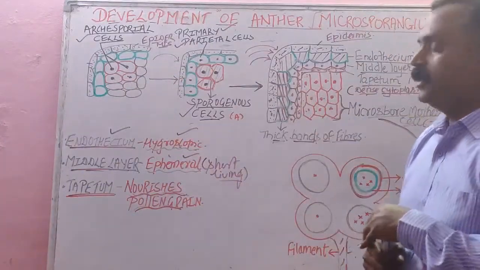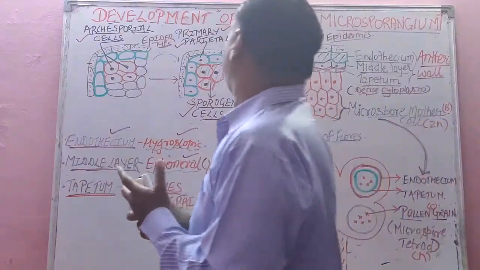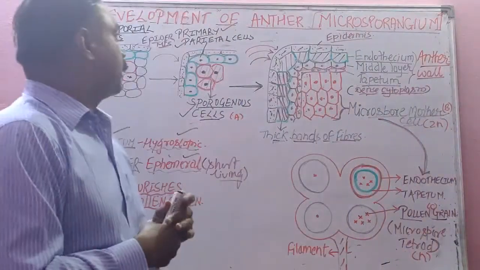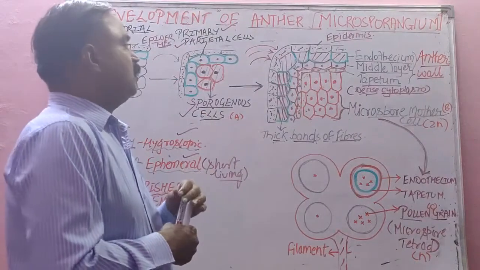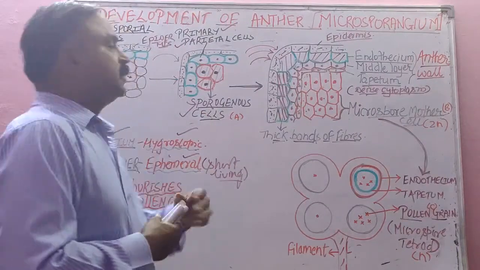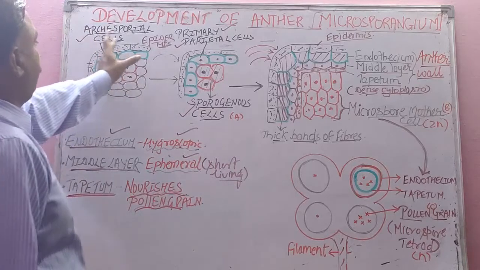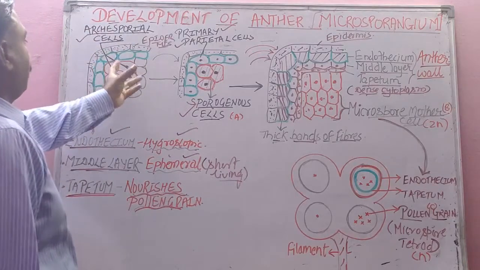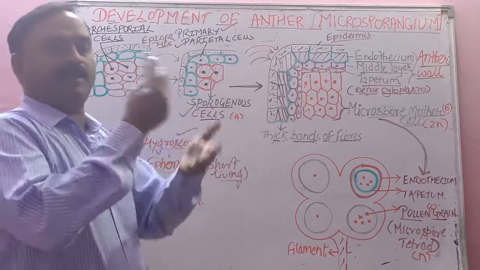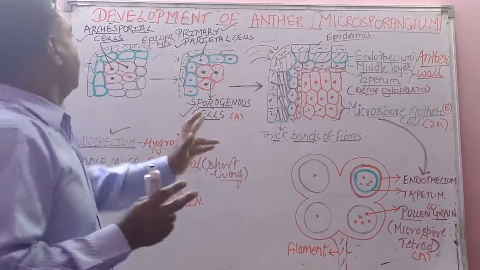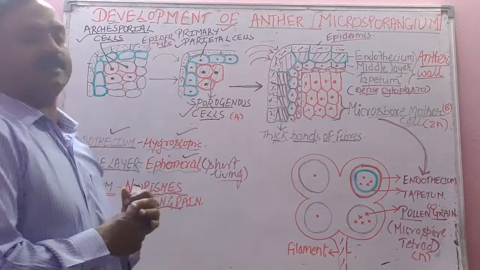Now let us recap once. Let us recap. Student, the question is development of anther or microsporangium, isn't it? So again, I'll recap this. Just below epidermis, few hypodermal cells differentiate, they become different from others, and they are called archisporial cells.